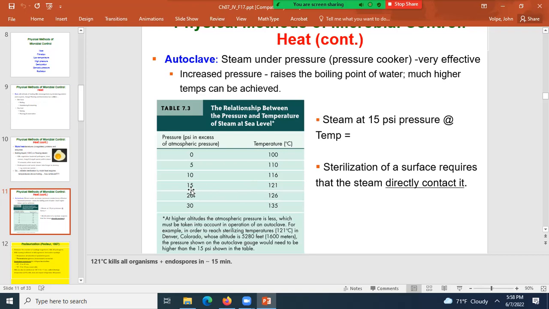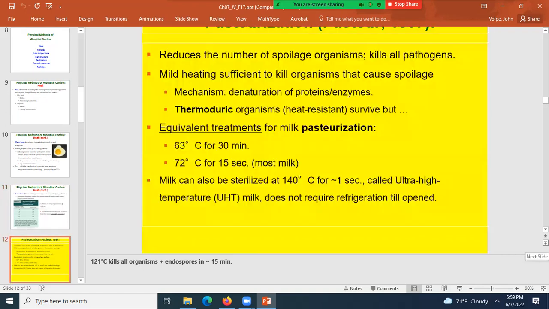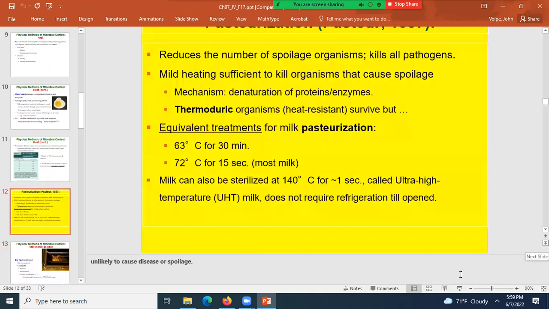It does not kill all endospores, but it does kill most microbes, and it does kill some endospores. Okay. And in 15 minutes, it actually kills all organisms. And after 15 minutes, it kills endospores if we're talking about a liter in size. If it's greater than a liter, you need more than 15 minutes. All right, any questions about an autoclave?